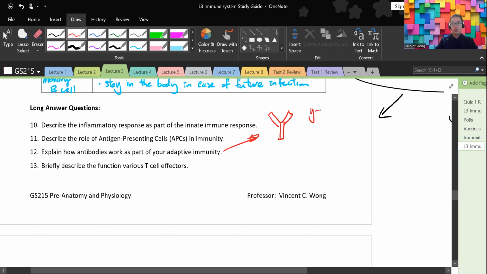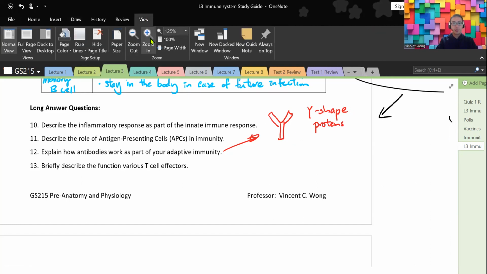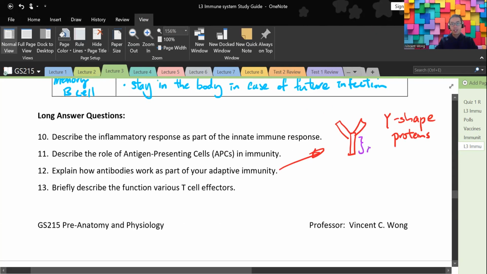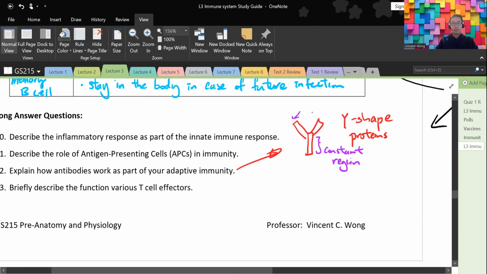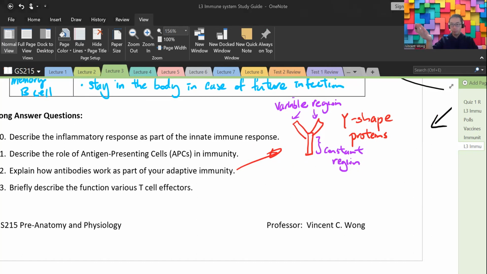Okay, capital Y, Y-shaped proteins, right? And for the antibodies, we have a constant region, which are the same for all antibodies. And then we have a variable region. That's the part that binds to the antigen, that binds to the foreign antigen.